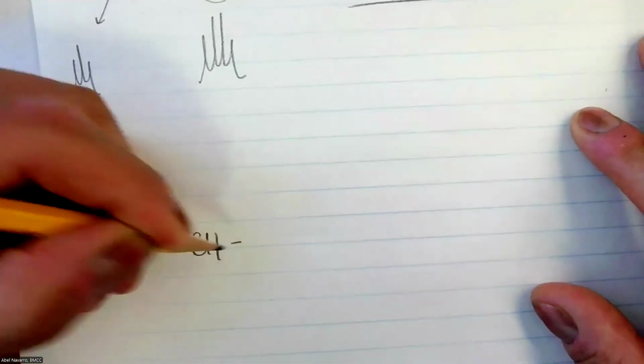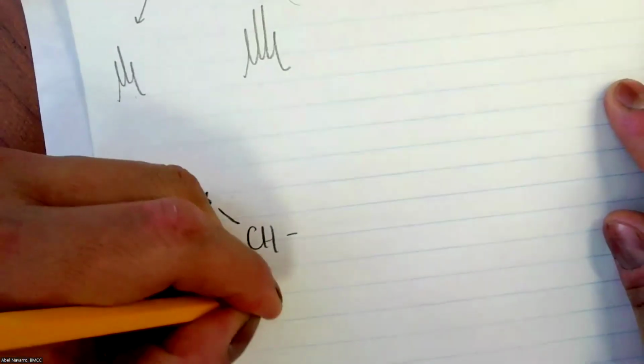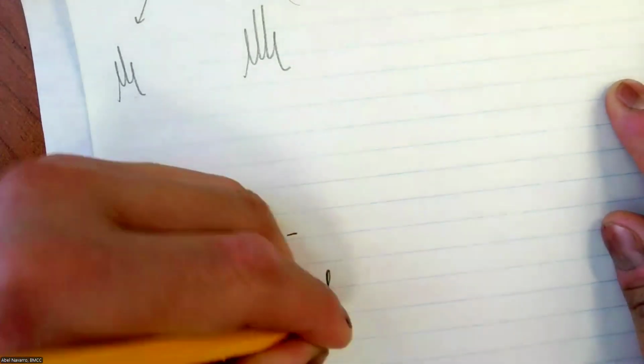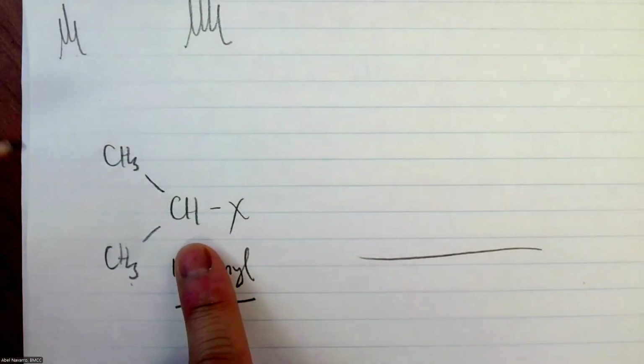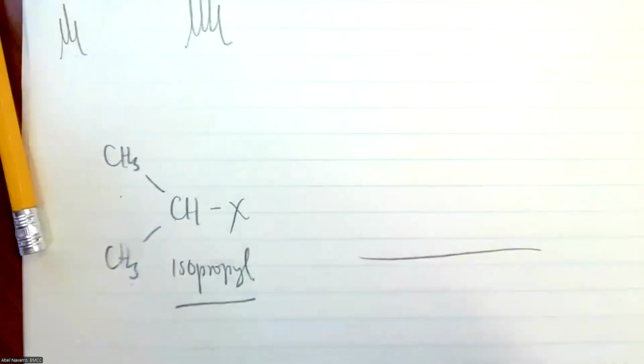What else? A group which is called isopropyl. Let's say here you have a halogen, right? What is the splitting for this H? No neighbor here, 6 plus 1, 7, septet.